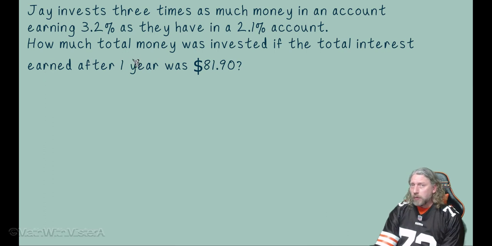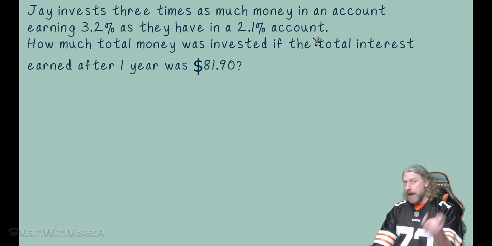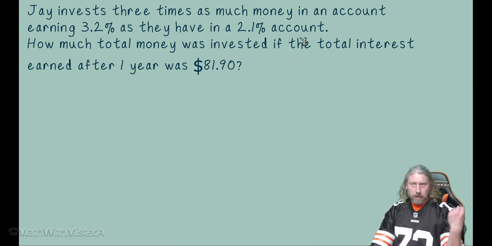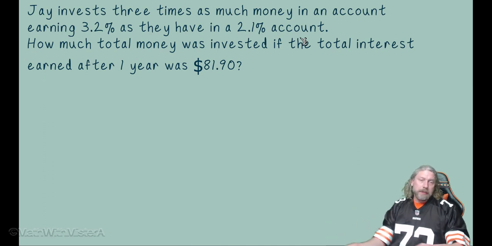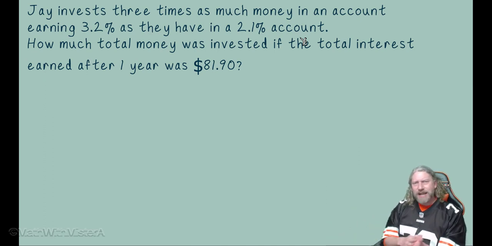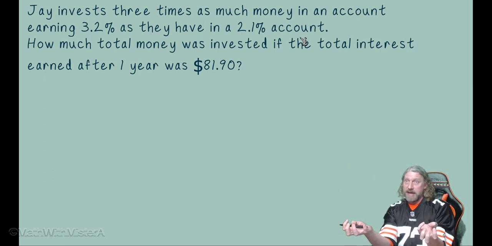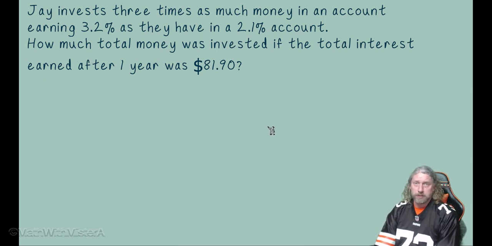We will be able to do that because of this information that there's 3 times as much money in the first account as there is in the second account. So it's not like our previous example where we knew the total being split up. This time we have a different kind of information where we know that this amount is 3 times as much as this amount. So let's see how we can represent those two amounts with variables.